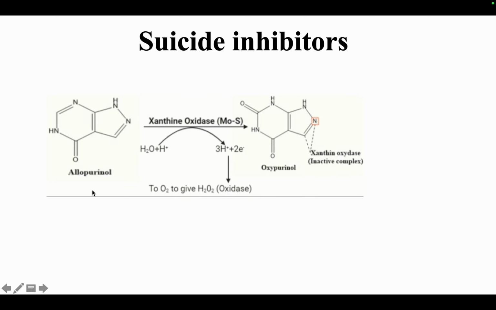So, as you can see, allopurinol is a part of the purine synthesis pathway, and the byproduct of this pathway is uric acid.